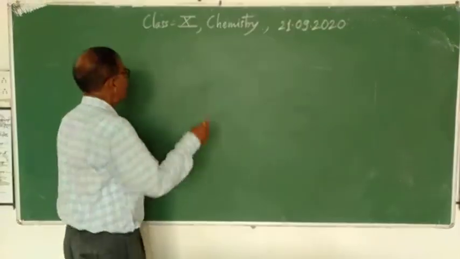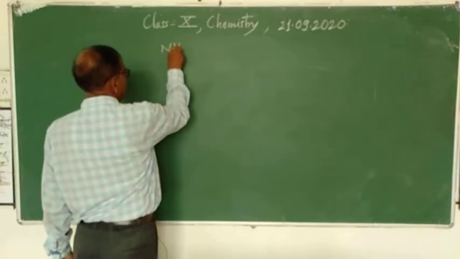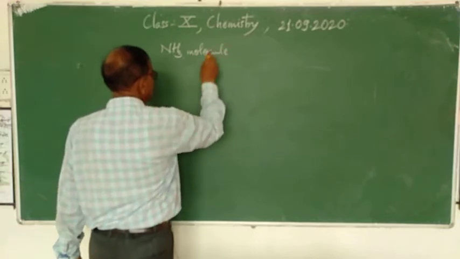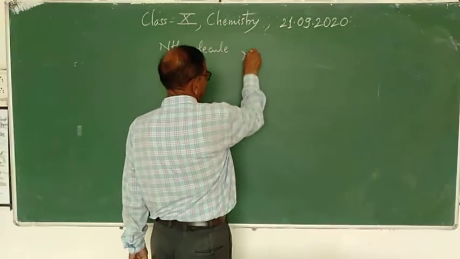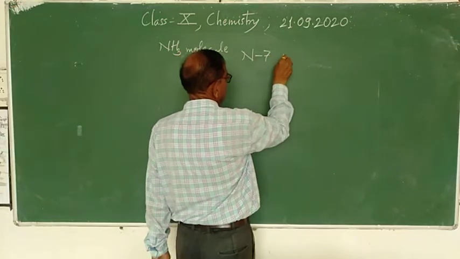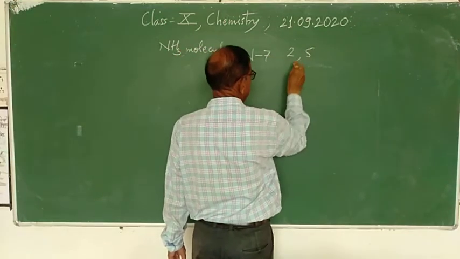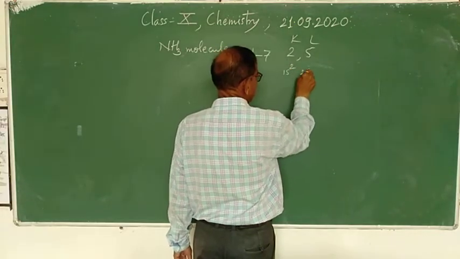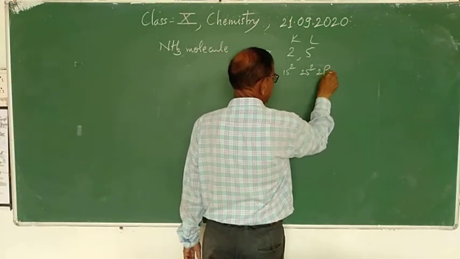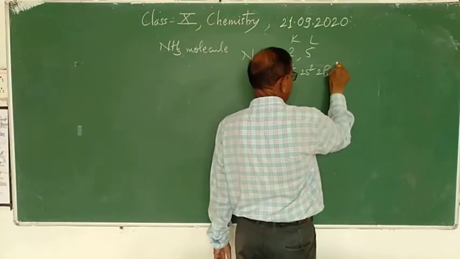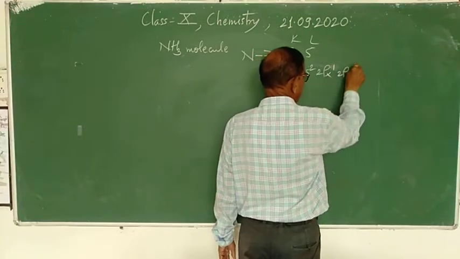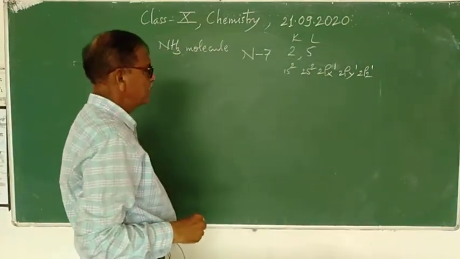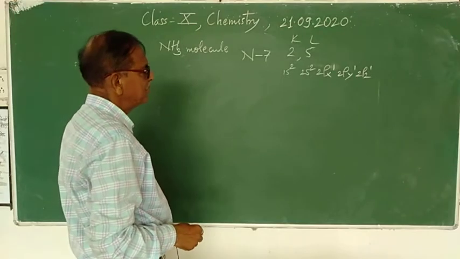Now see the ammonia molecule, NH3. Nitrogen has atomic number 7, electronic configuration 2 5: K shell, L shell, 1s2, 2s2, 2px1, 2py1, 2pz1.